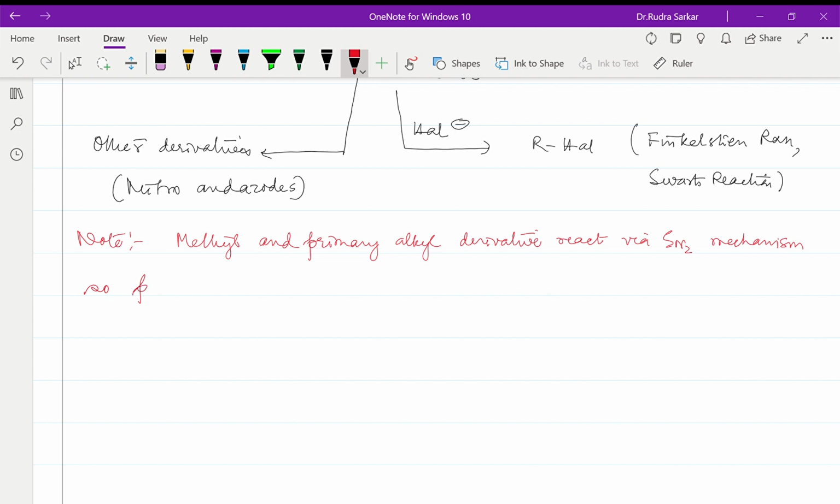So powerful nucleophiles and a non-polar solvent should be used. So this is a mechanistic fact that should be kept in mind.